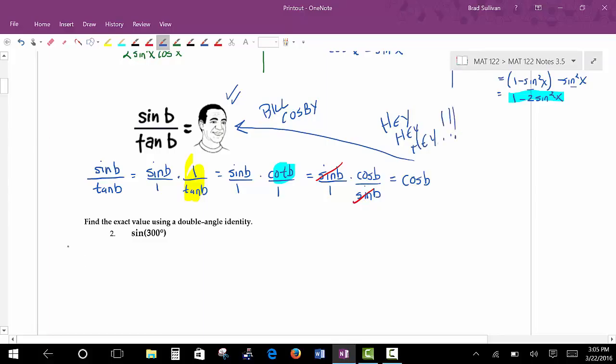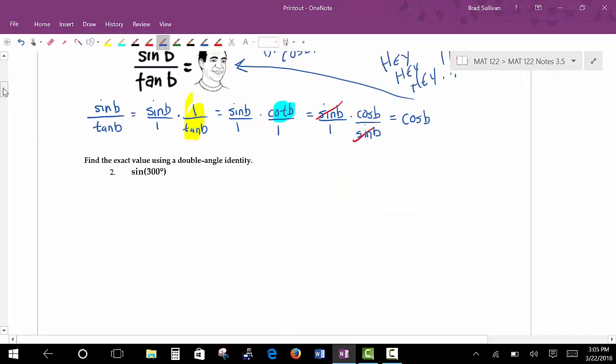All right, so let me show you how this stuff works out, double angle identities. I'm going to give you an example of how they work. Now, first of all, if we were to look at just finding the sine of 300 degrees, the simplest way to do this would be just to go directly to the unit circle.